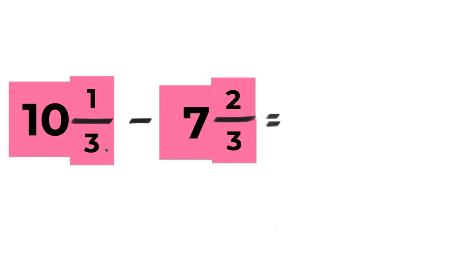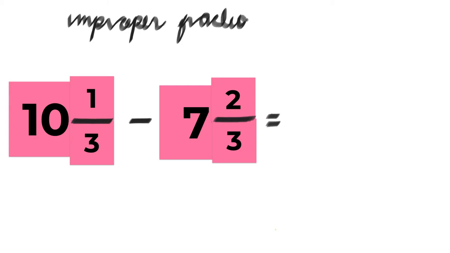So all we need to do is to change this mixed number into improper. Okay, again, we need to change the mixed numbers into improper fractions.